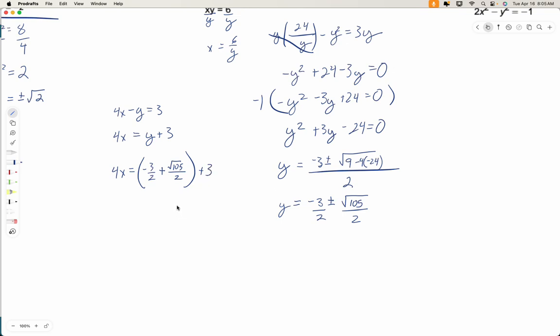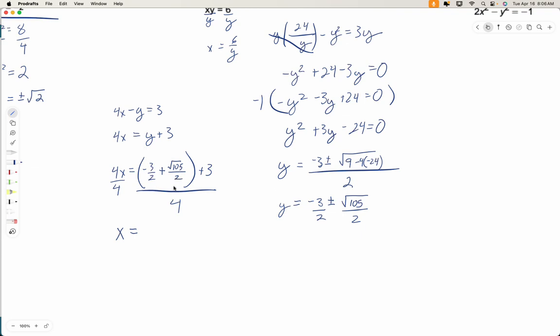All right, how does this work? When I divide both sides, this is going to be multiplied by 4, because of keep it, change it, flip it, right?